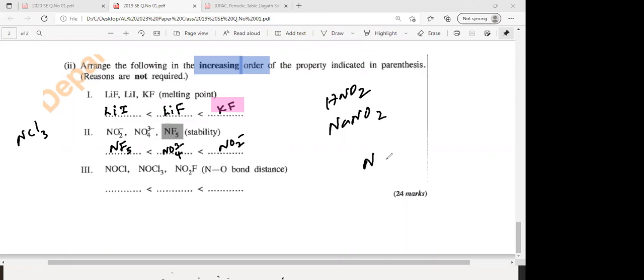Why is NO4 3 minus like this? Nitrogen can have a plus 5 oxidation state here, 3 minus. They have not given the structure here.